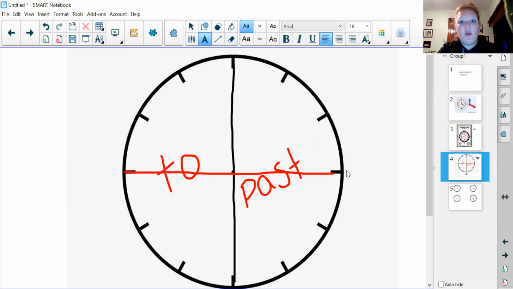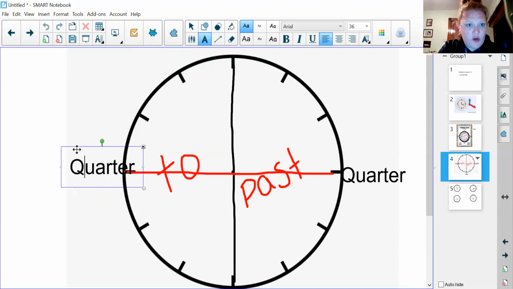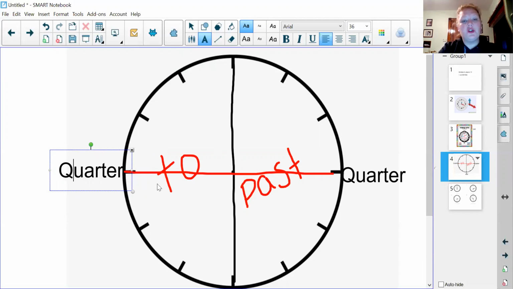So over here, we have quarter past, whatever the hour is. And then over here, we will also have quarter again. But this time, instead of being quarter past, it's quarter to. So these are the sections that we talk about with our clock.